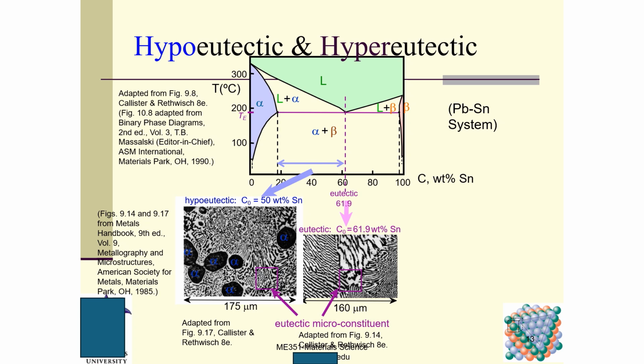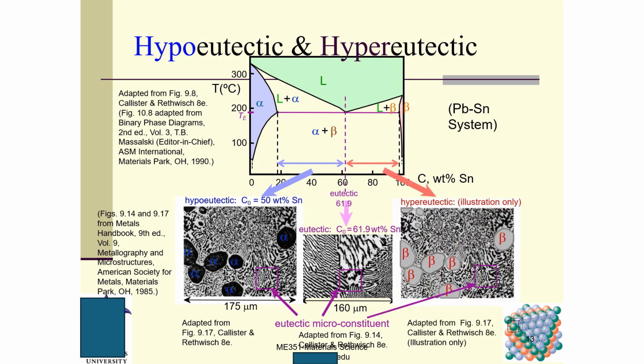From the eutectic composition to this point, we call hypereutectic. Be very careful when we take a quiz or exam. I might ask you to explain in your own words what hypoeutectic is and what hypereutectic is. So here, for eutectic, we have this beautiful lamella.